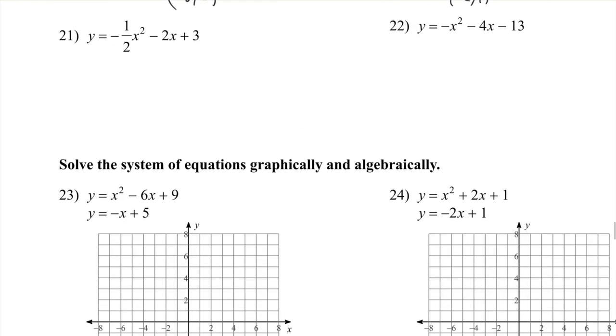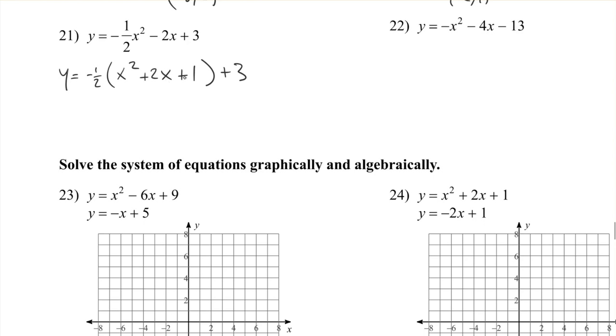21, same idea, except we're going to need to factor out a -1/2. So y equals -1/2 times the quantity x squared plus 2x, leave a little space, 3 out here. What's half of 2? It's 1, 1 squared is 1, so plus 1 here. But really, what are we adding? We're subtracting 1/2, right?